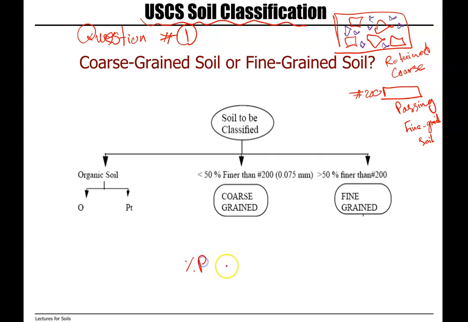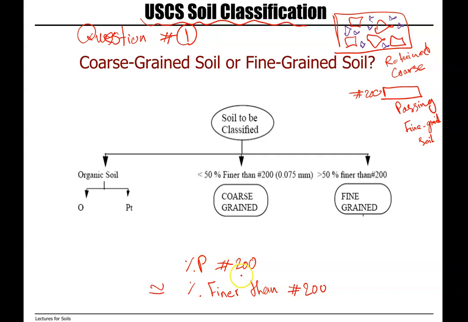Percentage passing from sieve number 200, or as you see in this slide, we refer to it as percent finer than sieve number 200. They both mean the same thing, right? Percent passing from number 200 is equal to percent finer than sieve number 200.